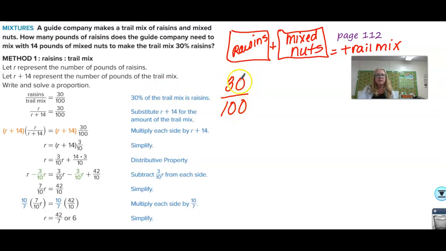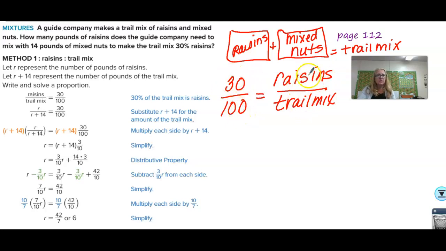And in words, this would mean that there will be 30 raisins in the whole trail mix, because 100 would represent 100% of the trail mix. 30 of them would be raisins.